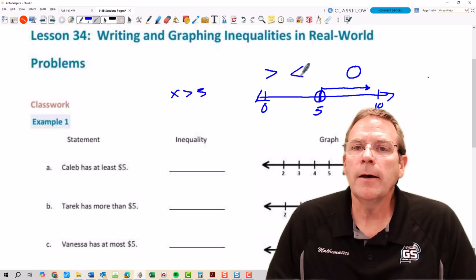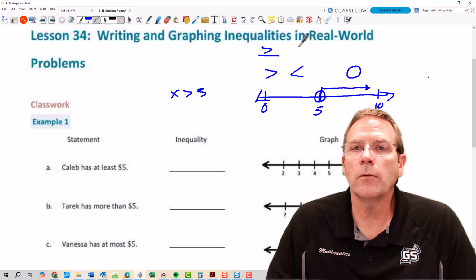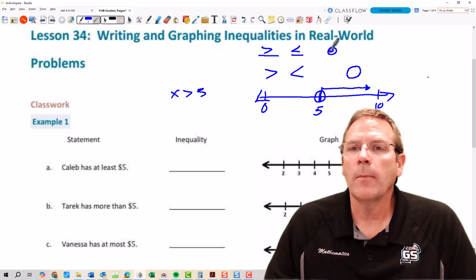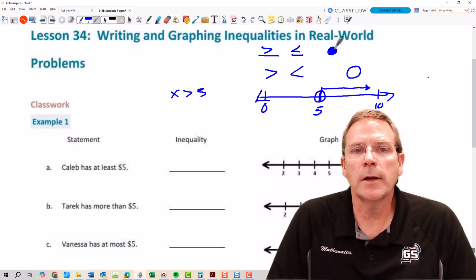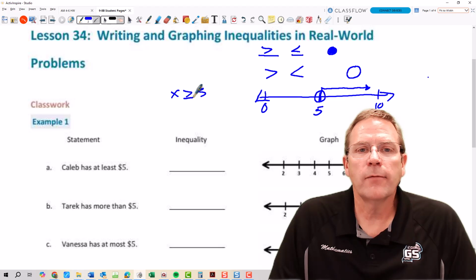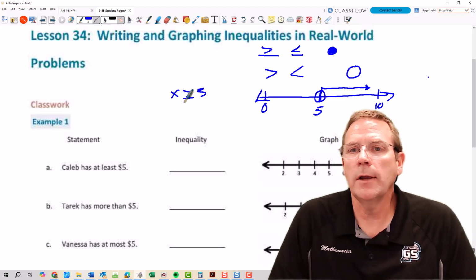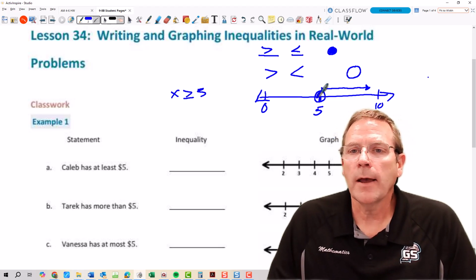However, if I'd had an or equal to, so a greater than or equal to, or a less than or equal to, this time we are going to use a closed circle to represent our dot. So right here, if that was 5 is greater than or equal to, on my graph, I would need to have that circle be solid.